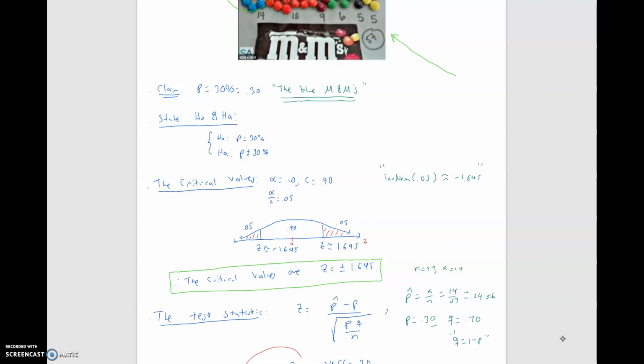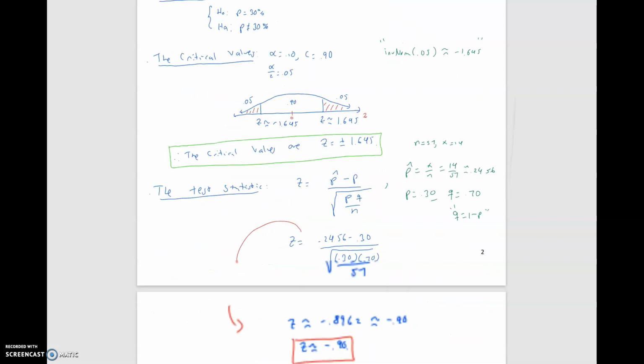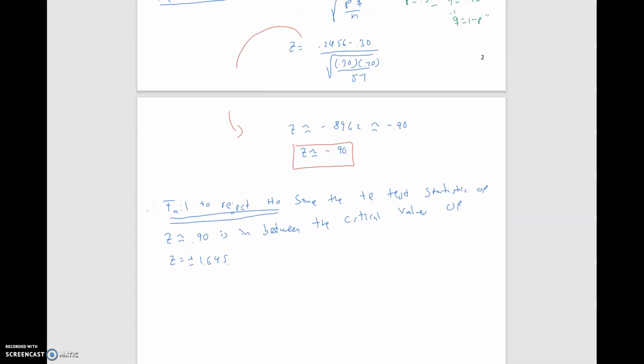And some of the problems may ask you to basically write that out, and let me write it out. In this case, there is not sufficient evidence with alpha equal to 0.10 to conclude that P is not equal to 0.30 for the blue M&Ms.